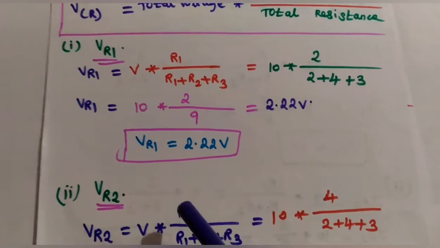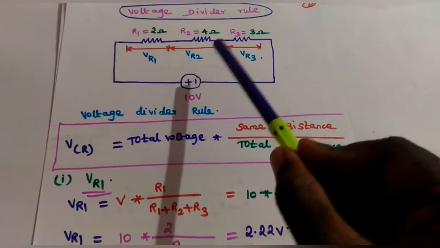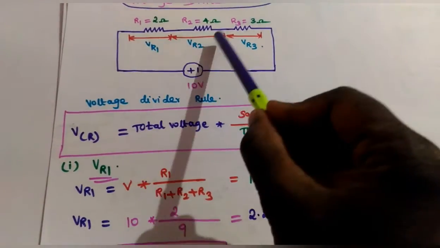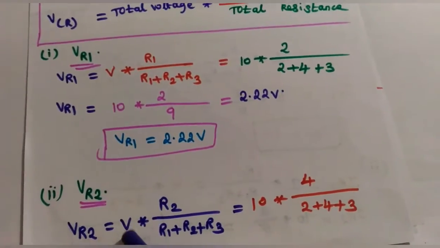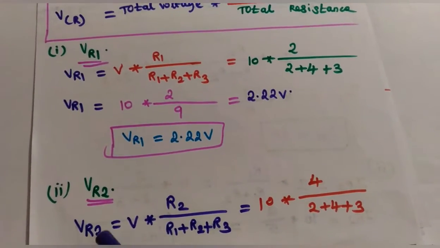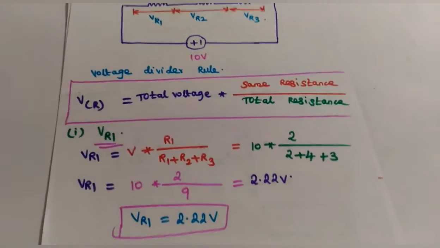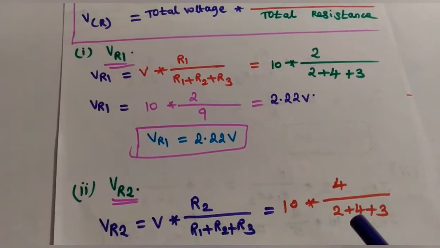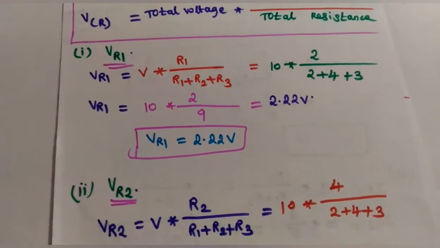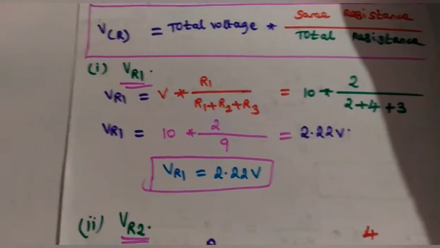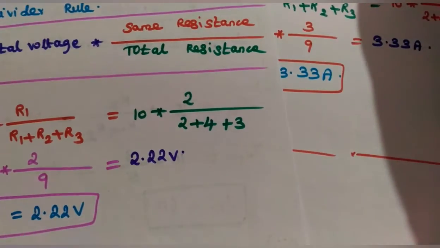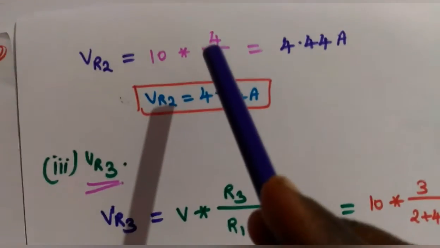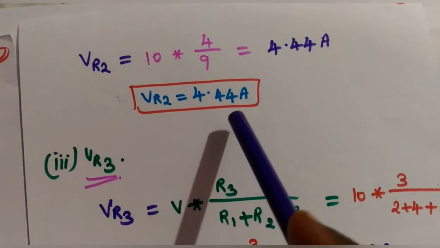And what is the value of VR2? The voltage drop across the resistance R2 is the total voltage 10 into the same resistance 4, divided by 2 plus 4 plus 3. In the circuit, the R2 value is 4, divided by the total resistance of the network, 2 plus 4 plus 3, which is 9. So VR2 is 10 into 4 by 9, which is 4.44 volt.